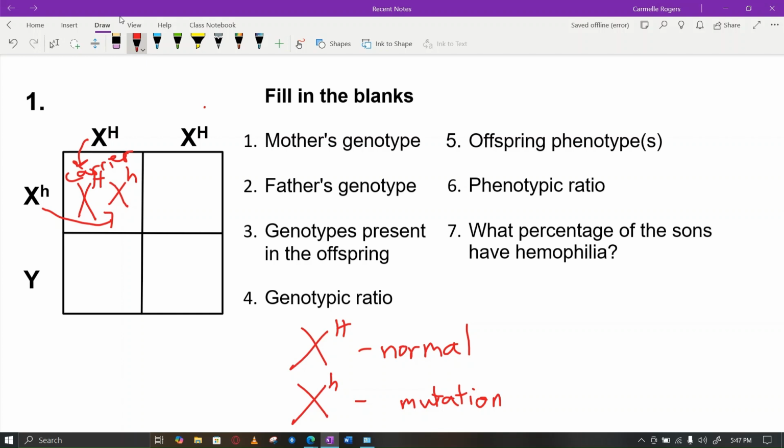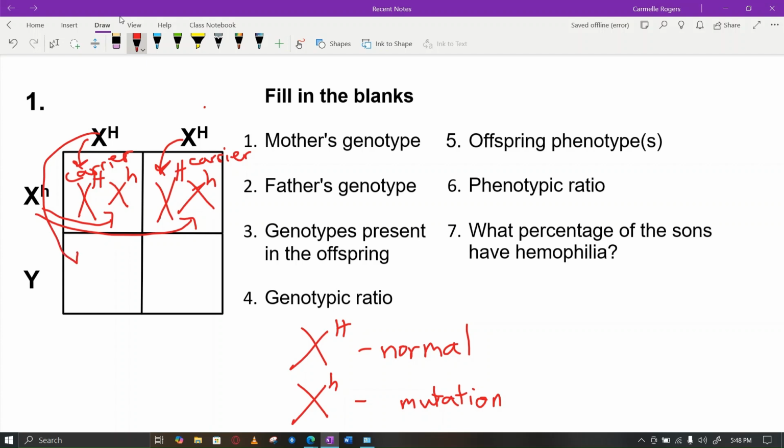When we do the next individual at the upper right, we get the X capital H from the mother, then the X lowercase h from the father. So both of these individuals are carriers and female. Now let's go for the bottom left.